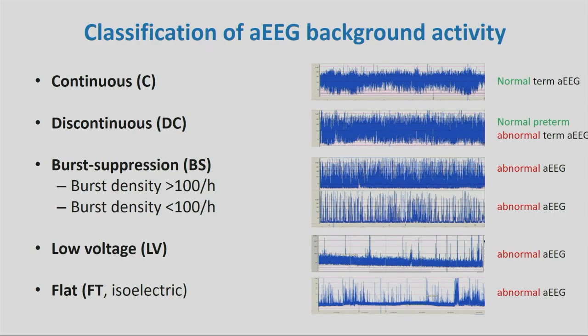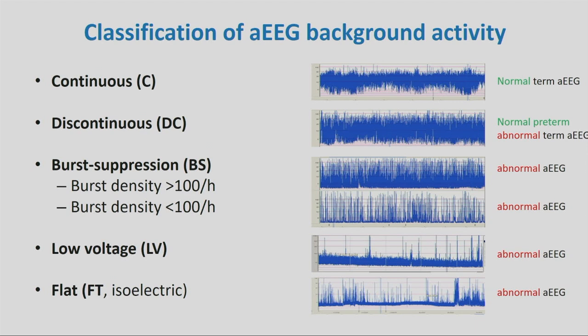And then this here shows you the classification, what is normal. So we talked about this is a normal term baby. In a baby at term with continuous EEG activity, you have this pattern here, which is always normal at term. And then you have a pattern which is called discontinuous pattern, where the lower margin is around 5 and the upper margin is above 10, even above 25 here.